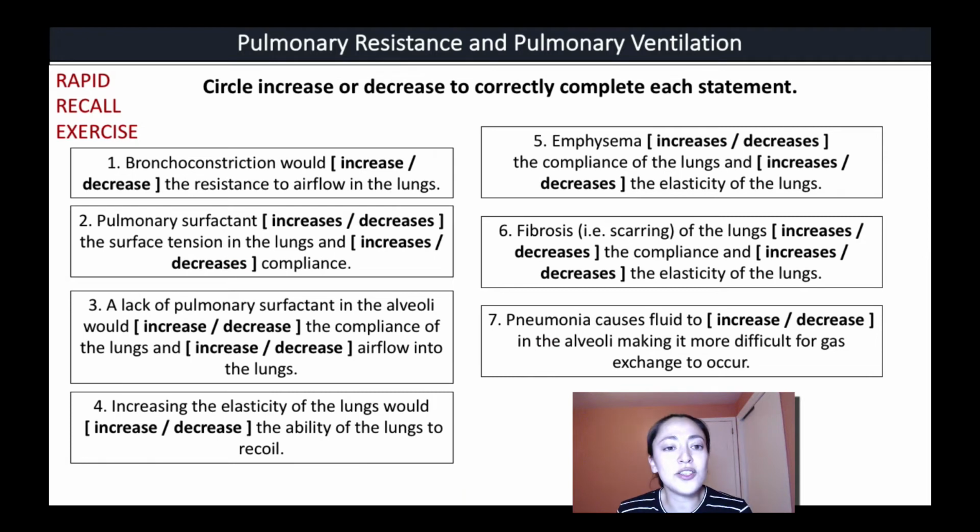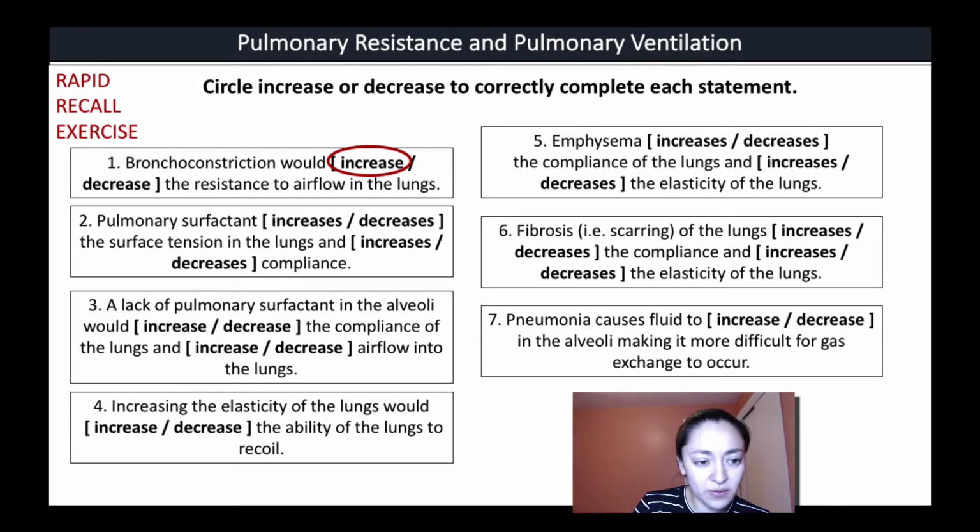All right, let's circle the correct answer here. I think all of these say increase or decrease to complete each statement. Bronchoconstriction would blank the resistance to airflow in the lungs. Bronchoconstriction would increase the resistance of airflow in the lungs. Pulmonary surfactant does what to the surface tension in the lungs and what to the compliance?